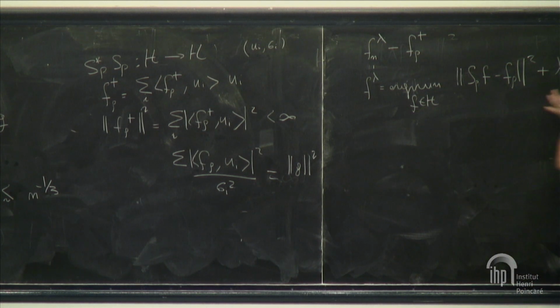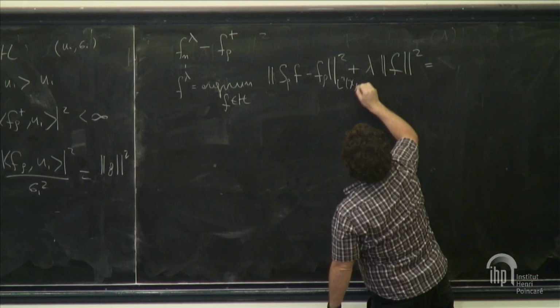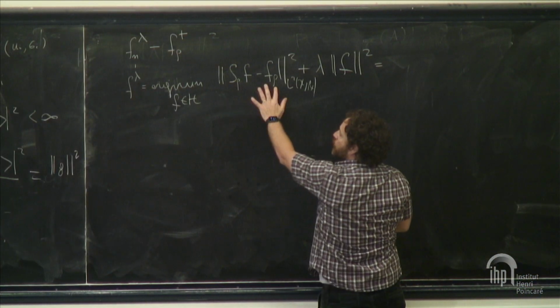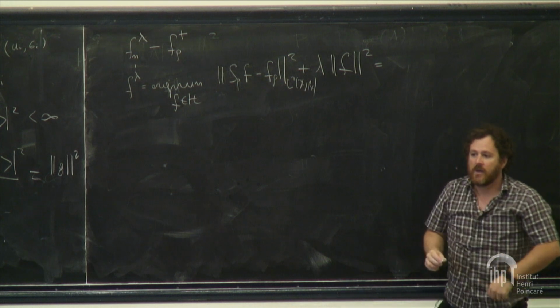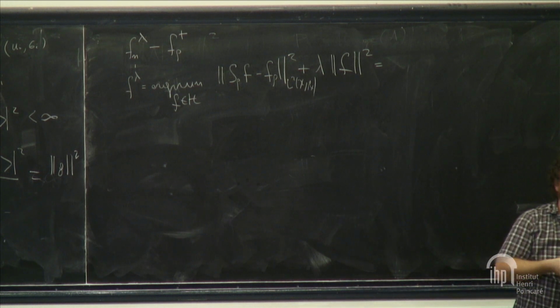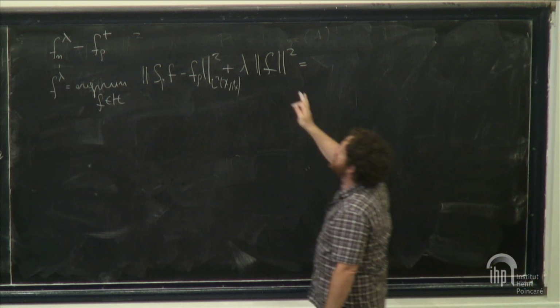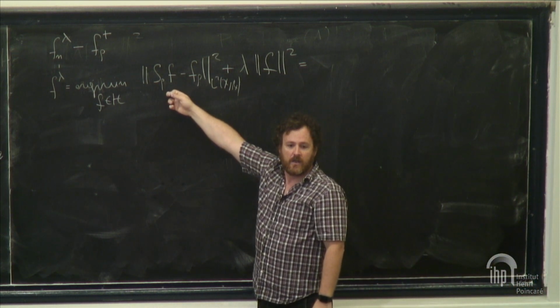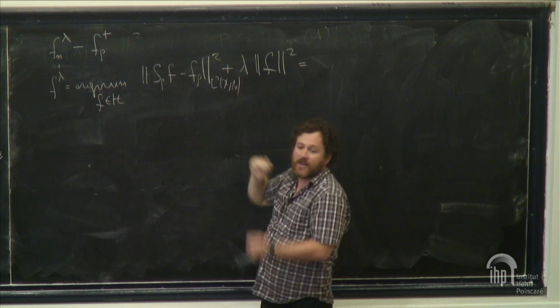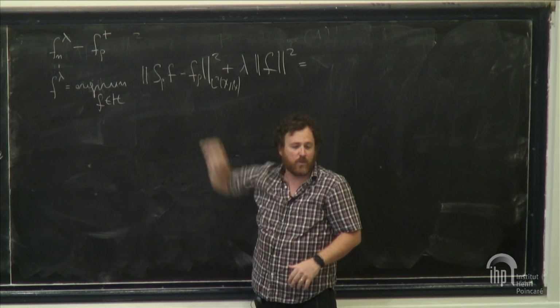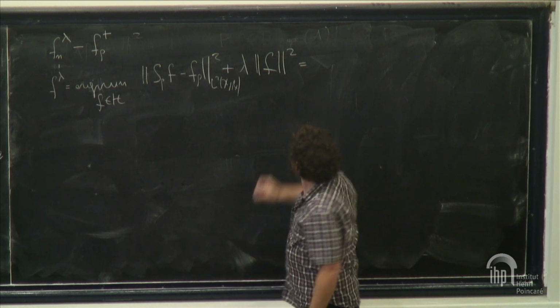So I regularize, but here I put the true operator, the true datum, and the exact norm. It's kind of something in between what I can do in practice and what I would like to do in theory. It's similar to what I do in practice, and in the limit when lambda goes to 0, it seems similar to what I would like to do in theory.